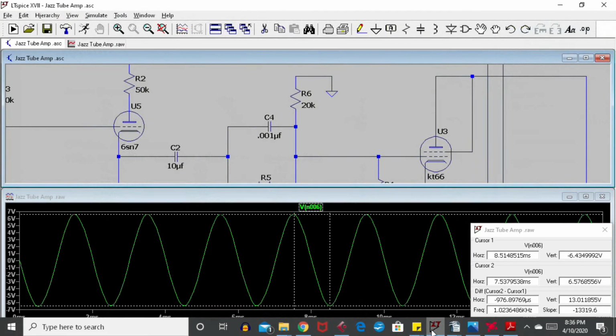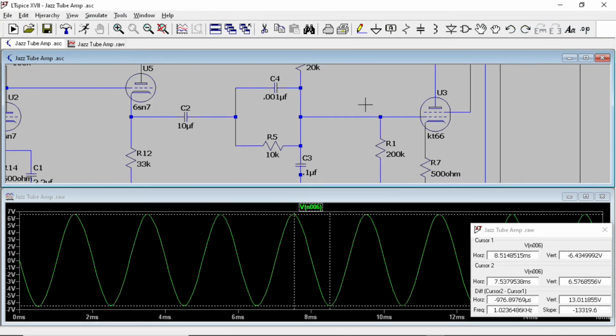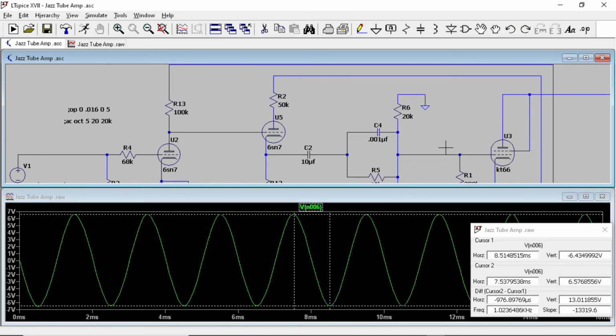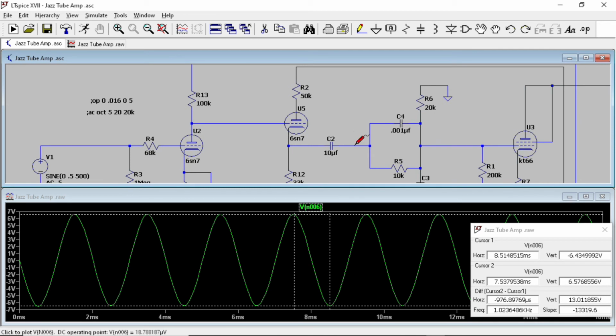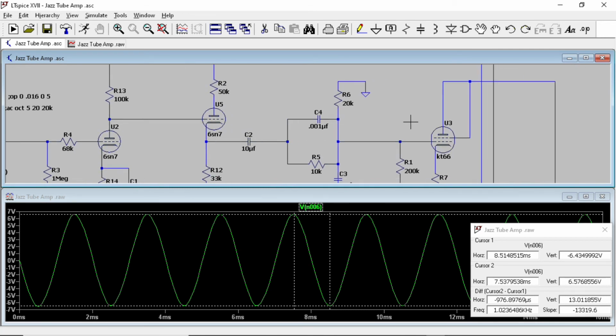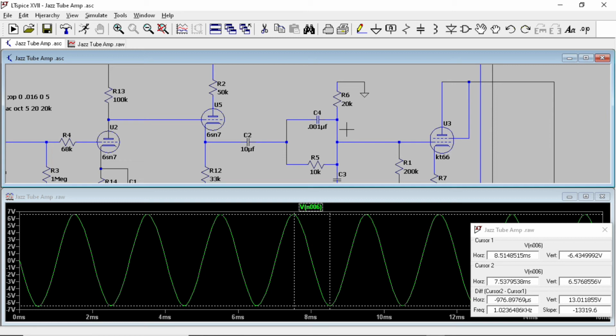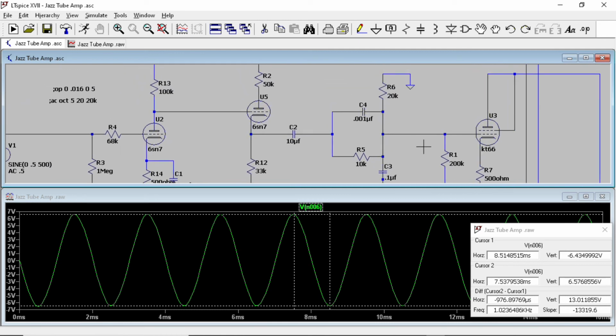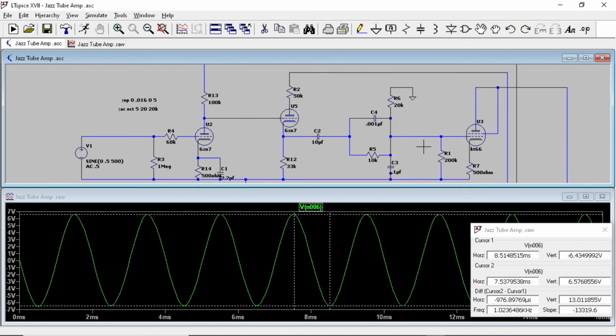So going back to the SPICE model, that's what we'll have coming out of this cathode, and that's what's going through the tone control stack and into the KT66. Right now, it's pretty close to finished.